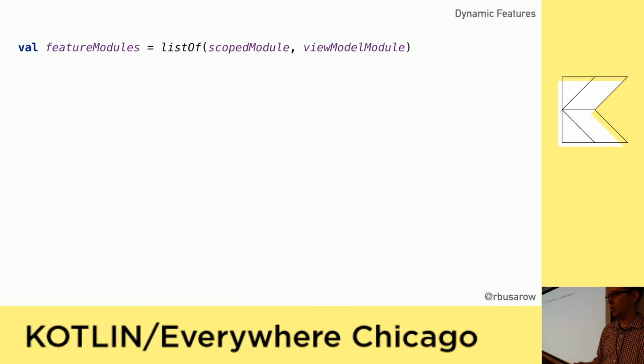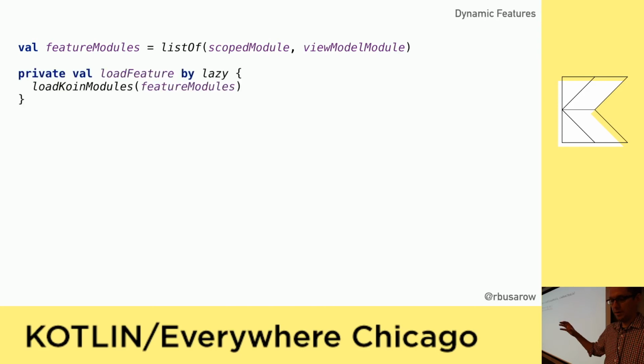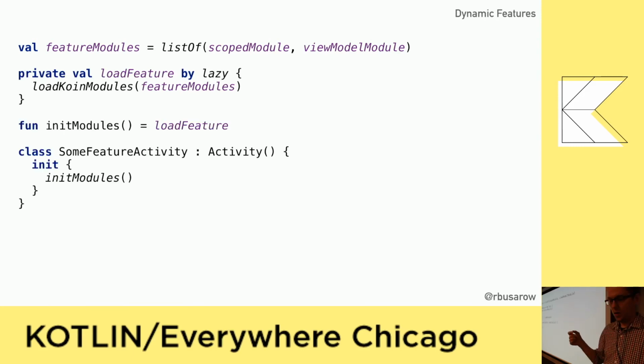So what we have to do instead is define everything in that feature module, define a lazy var to initialize stuff only once, and then when the activity is initialized, the entry point into that module, you could just call the core features thing, and it would add everything to the graph, and then you can just move on normally.